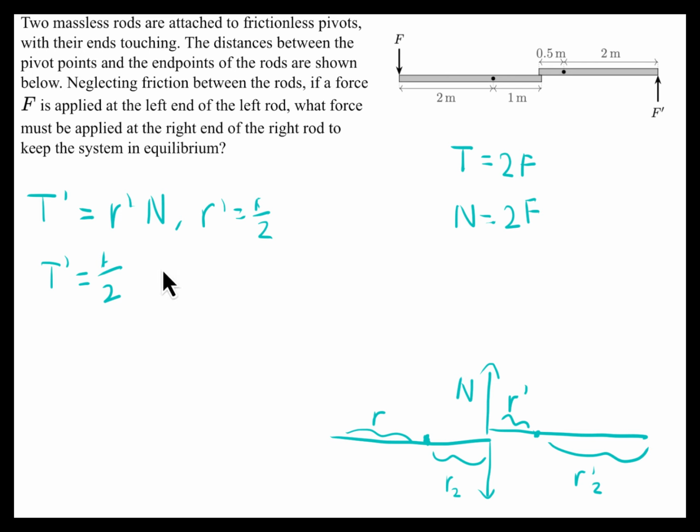Sorry about that. So the torque is 1/2 of the applied force, not 2 times. And this applied force was given by 2 times the original force F. So these cancel, and the torque is simply equal to the original applied force. So T prime, the torque prime, is equal to the value of the original applied force.